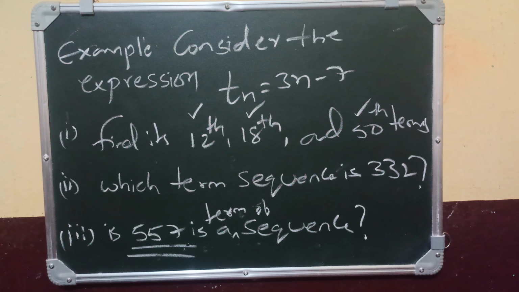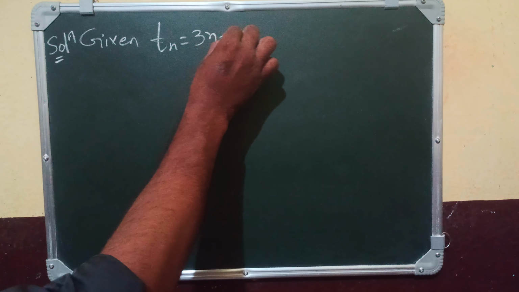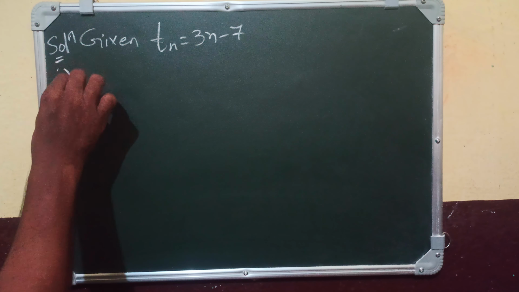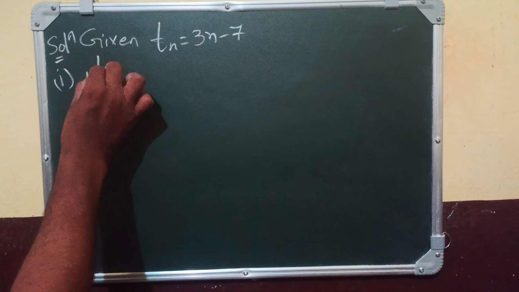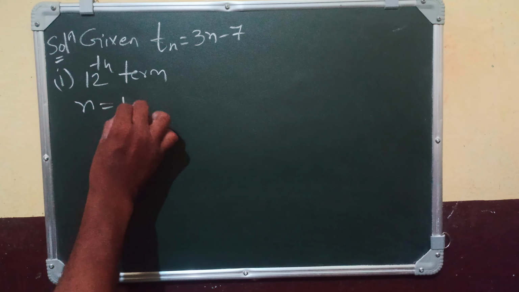Now see the solution. Given Tn is equal to 3n minus 7. In the first question, what did they ask? We have to find the 12th term, that means n is equal to 12.